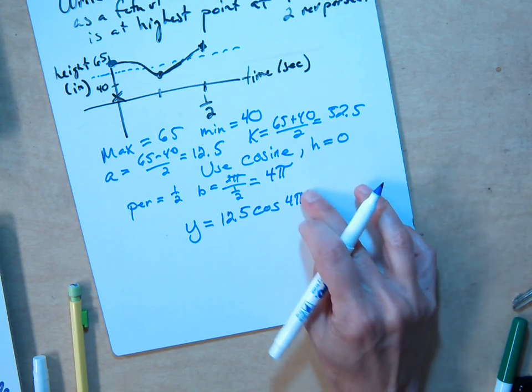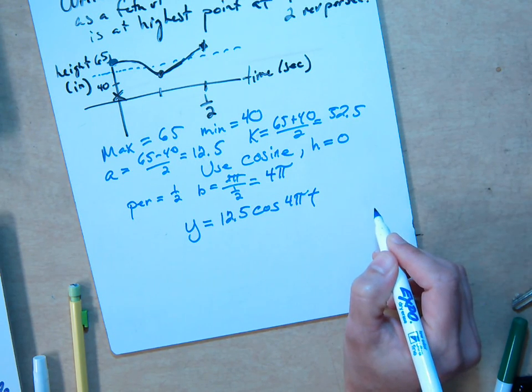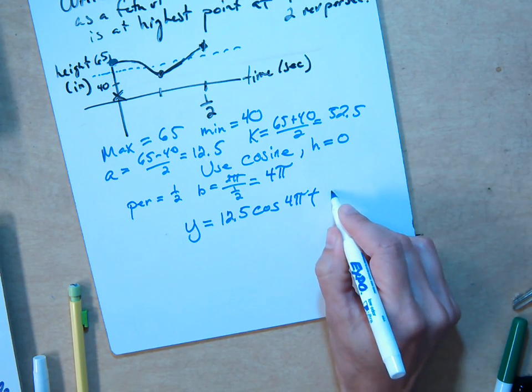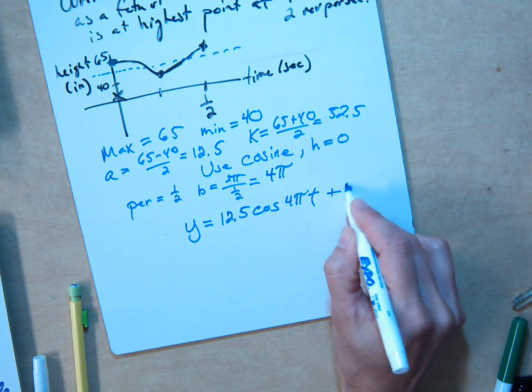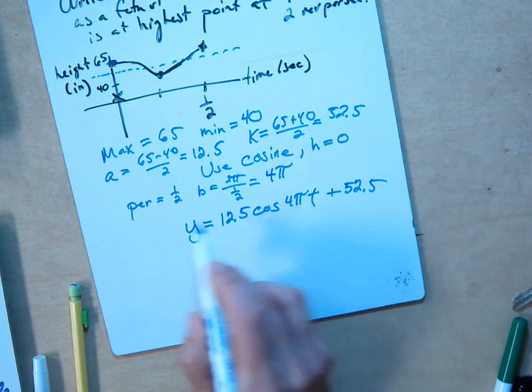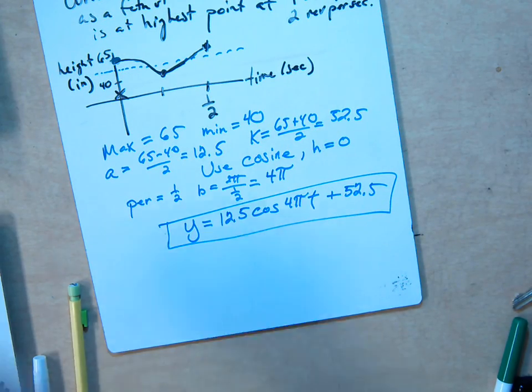Oh, but we don't use x, we use t, for time. And plus K, which is the middle of our wave. So there's the model that we could then use to find anything we want.